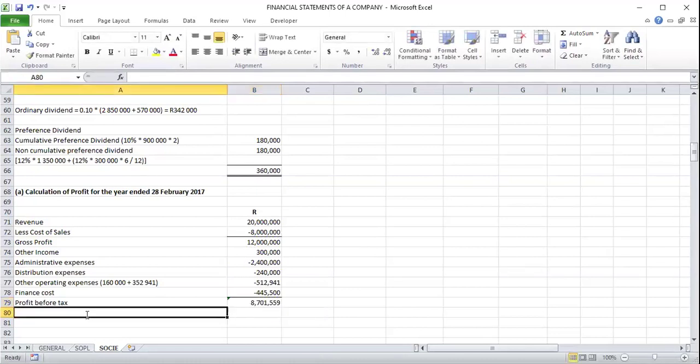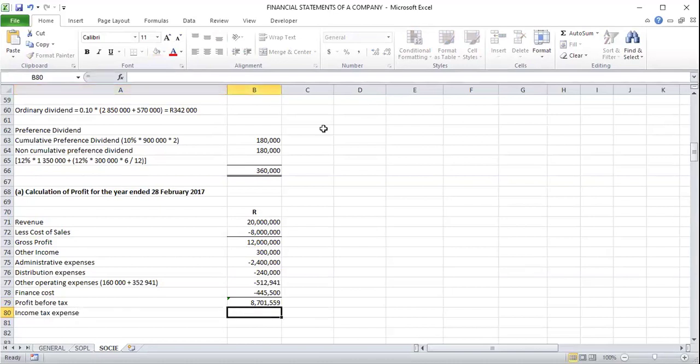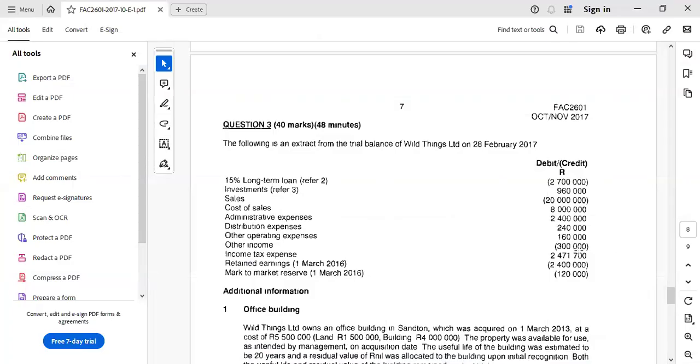Then our income tax expense, which is here. $471,700.